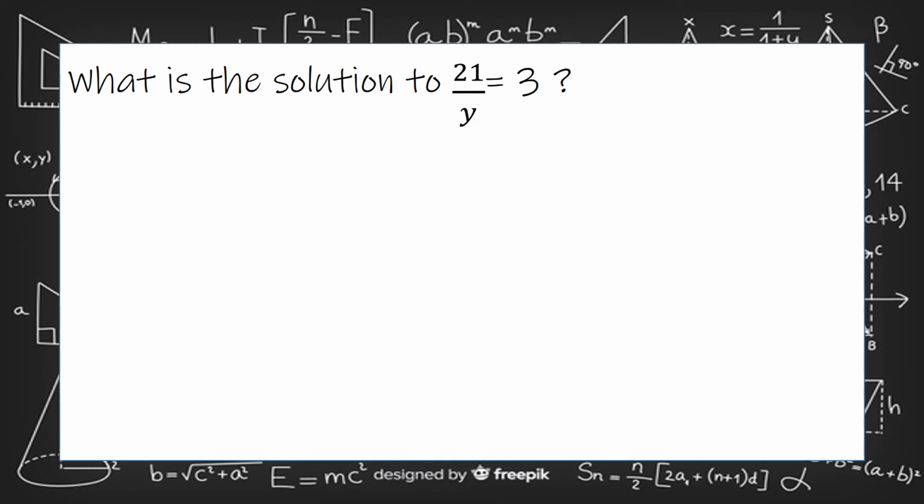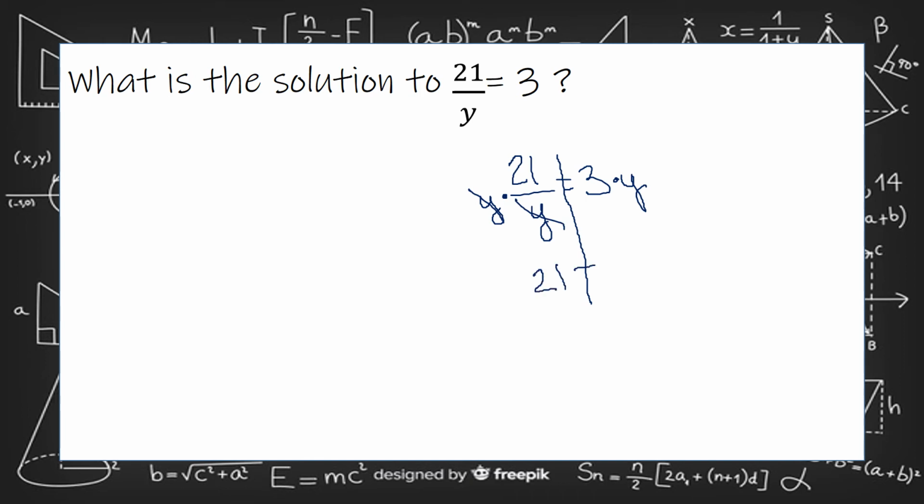What is the solution to 21 divided by y equals 3? So I'm going to rewrite this one down here. I want to get rid of the y on the bottom. If it's being divided by y, I'm going to multiply by y because I don't like it on the bottom of this fraction. Over here, y divided by y just leaves me with 1.